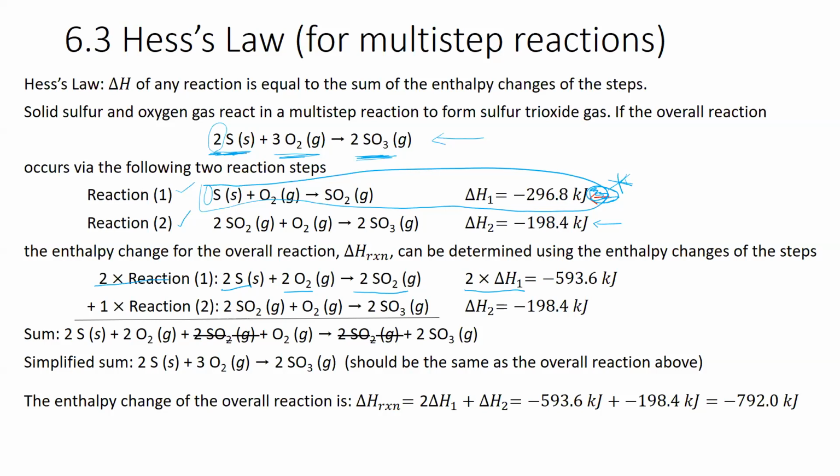If I have twice as much, the amount of energy that's given off is going to be twice as much. And so I can multiply the enthalpy of that reaction by 2 if I multiply all of the stoichiometric coefficients in the reaction by 2. And so we have a first step that actually is 2 sulfurs plus 2 O2 reacting to form 2 SO2.